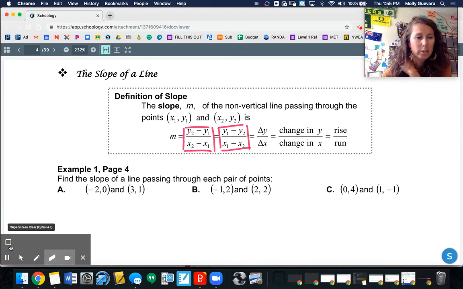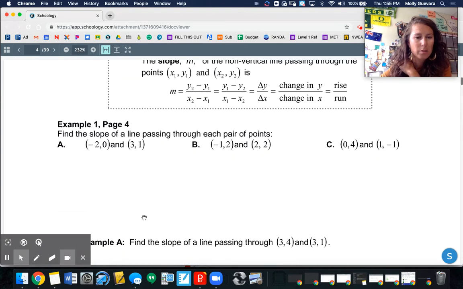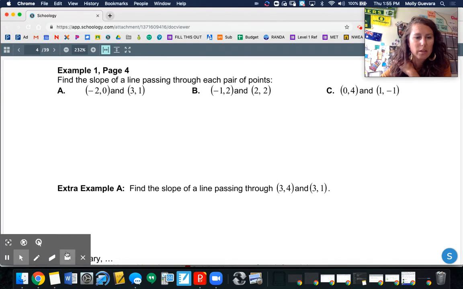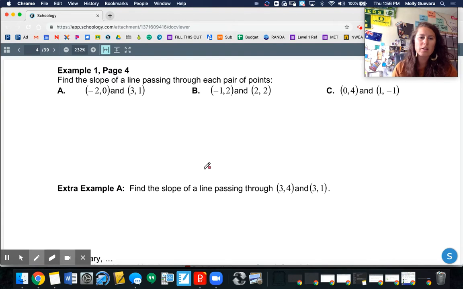So just one quick review problem, and I'm going to scroll down so we can see it all. Find the slope of the line. My equation is m equals y2.